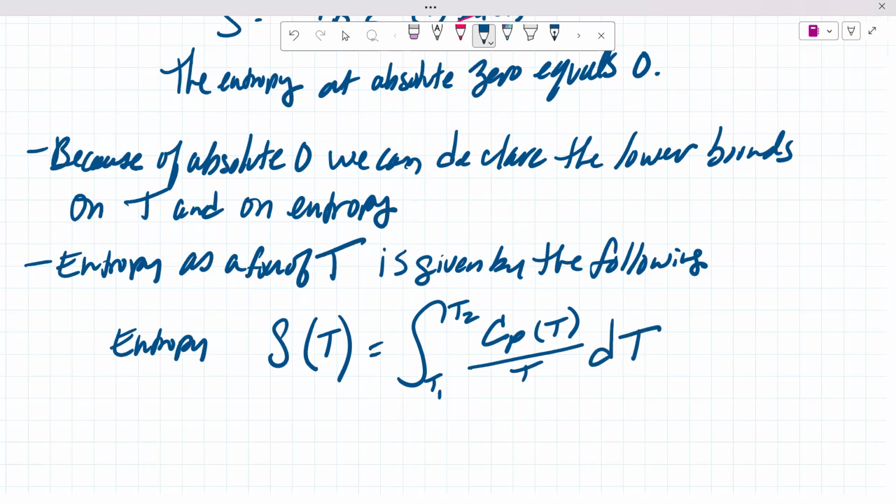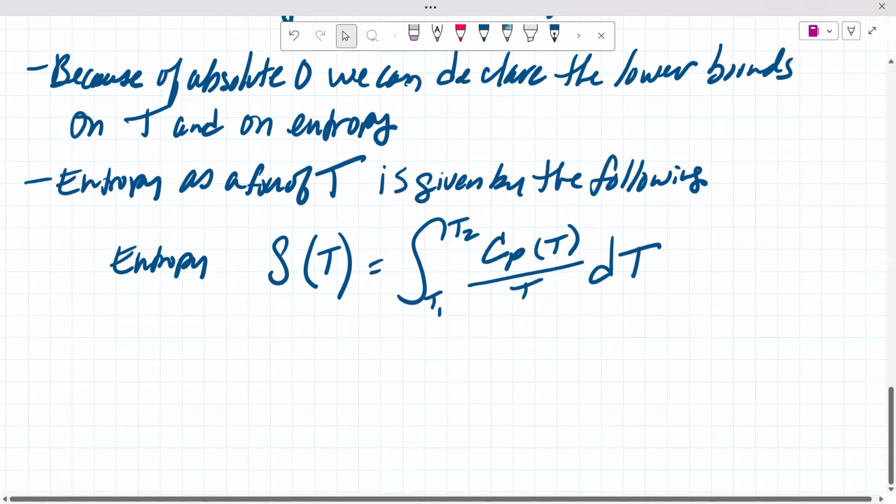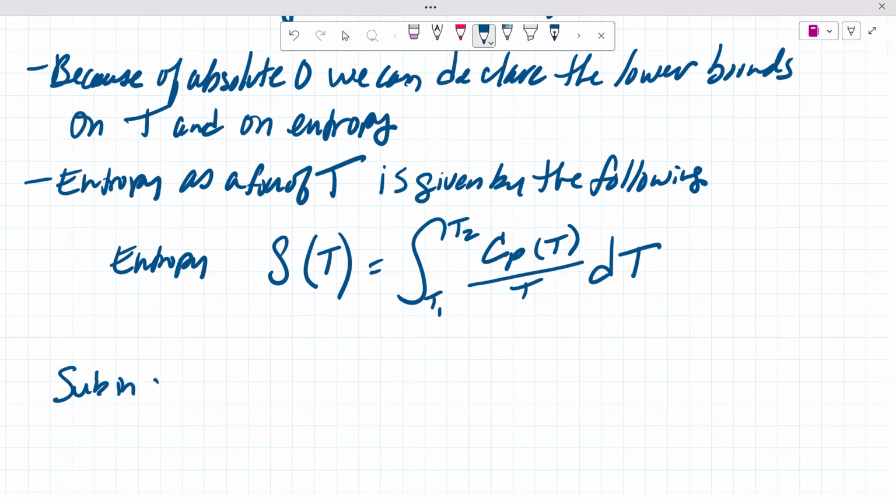In other words, the entropy is related to the heat capacity. Now we can substitute in absolute zero, so entropy now has an established initial temperature. It begins at zero.